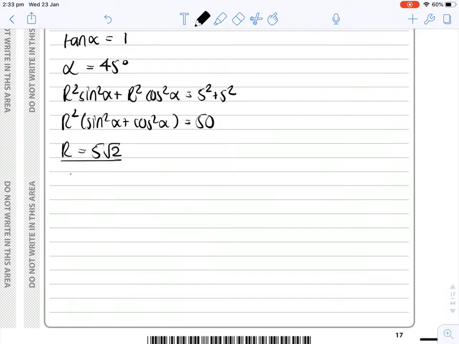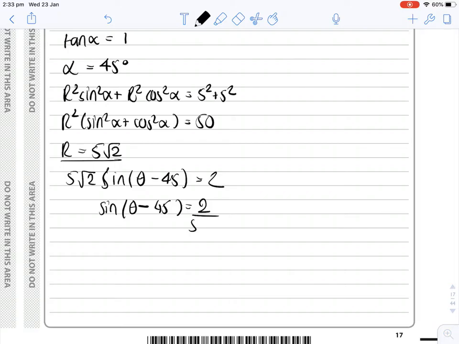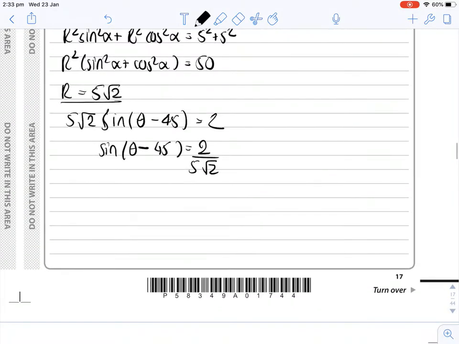So therefore we can say we've got 5 root 2 sine of theta minus 45 is equal to 2. Sine of theta minus 45 is equal to 2 over 5 root 2.